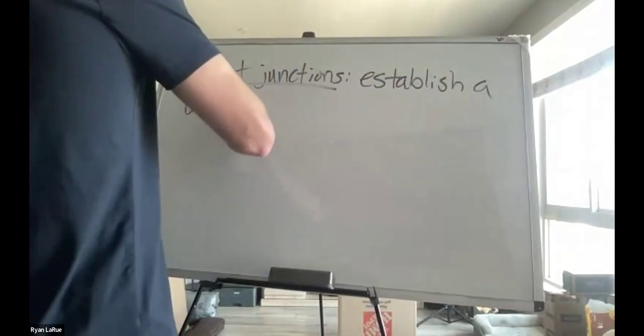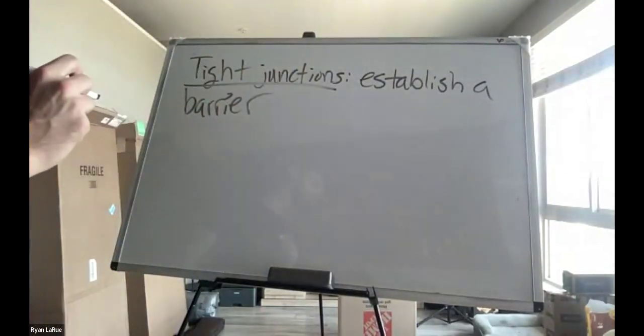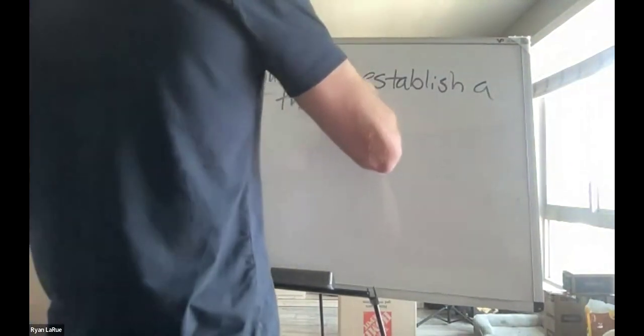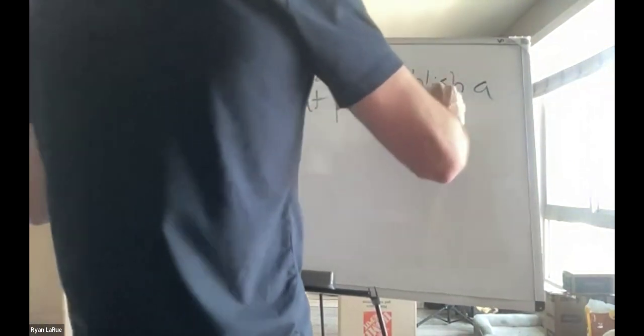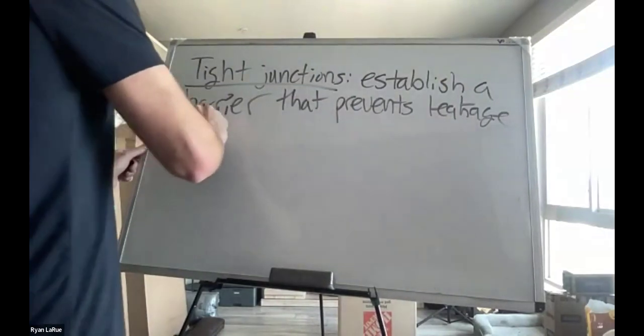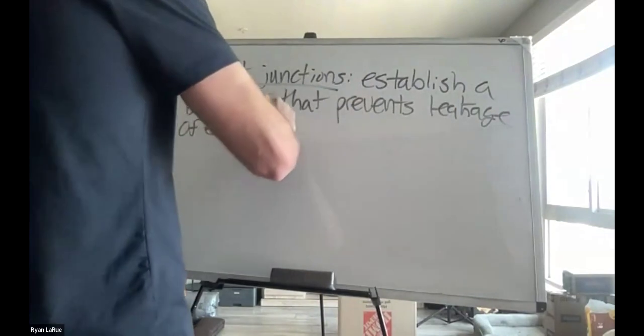Tight junctions establish a barrier that prevents leakage of extracellular fluid, so fluids surrounding cells.